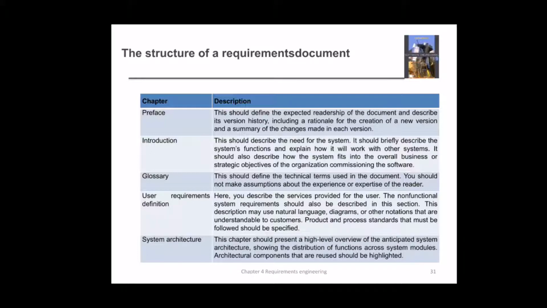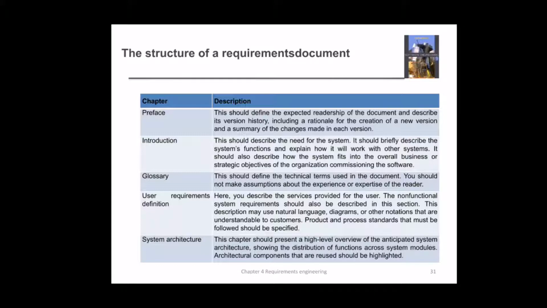Then we have the glossary, which should define the technical terms used in this document. You should not make assumptions about the experience or expertise of the reader. Even if you think a term is known to everyone, some people may not know its meaning, so you should have a glossary.